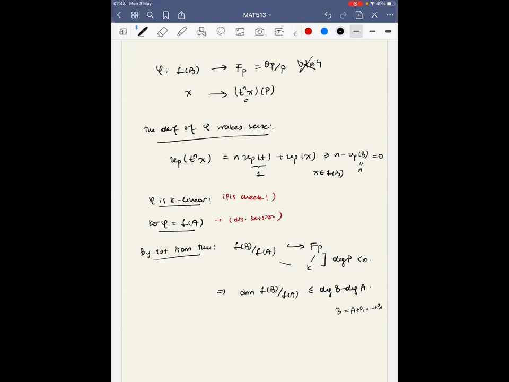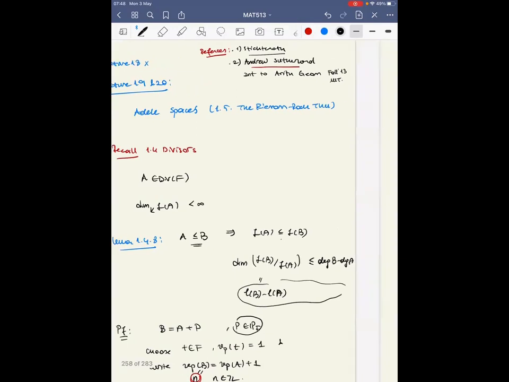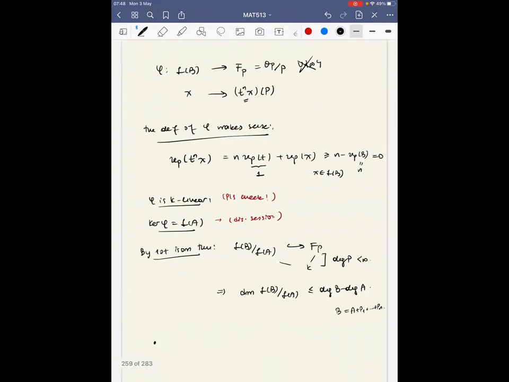And let me note that this lemma can be rewritten also like this. So in general, for any divisors A and B, their dimensions and degrees always satisfy this inequality.